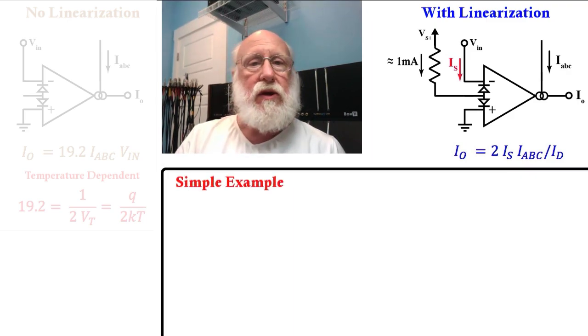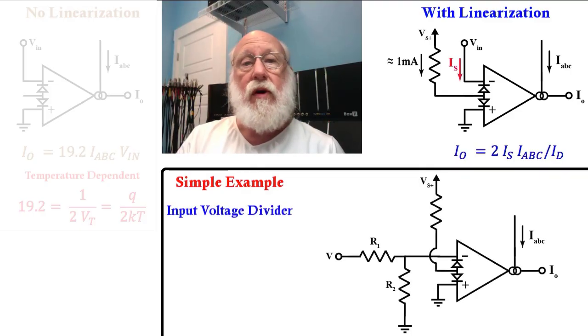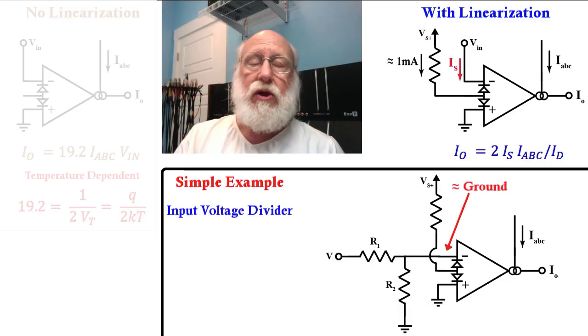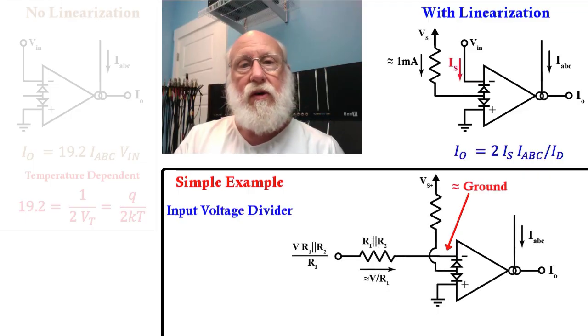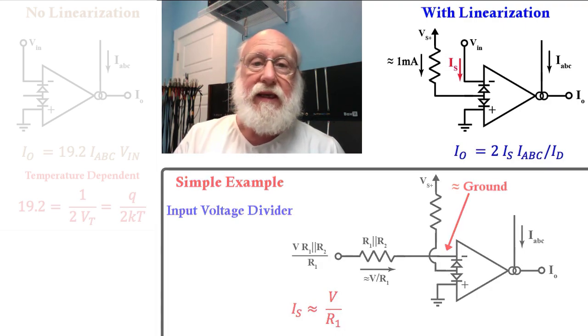If we assume that we are using a single-ended input with the other input grounded, then that input to which we're connecting our signal will be very close to ground. So if you get the Thevenin equivalent, you've got a voltage source and a resistor to ground effectively, and so you can calculate the current. That will be approximate. It certainly will not be exact, but it will get you in the right ballpark at least.